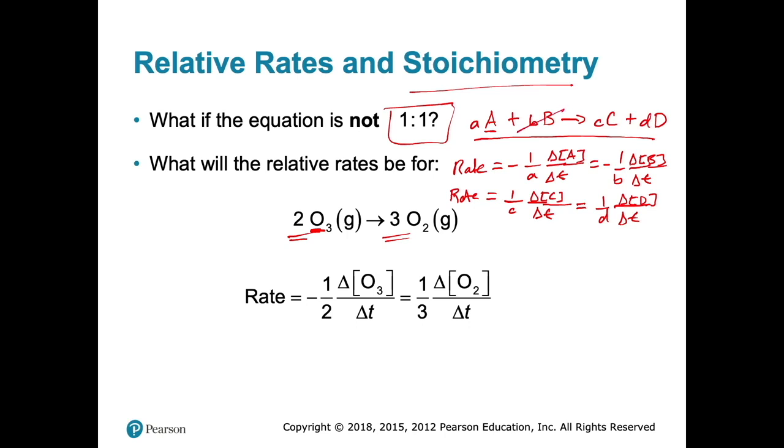And then for this reaction here, little c is 3, and big C is O2, or oxygen, right? So now we have all we need to write out the rate equation, because 2 again is little a right there. Ozone is big A right there, the concentration big A, right?